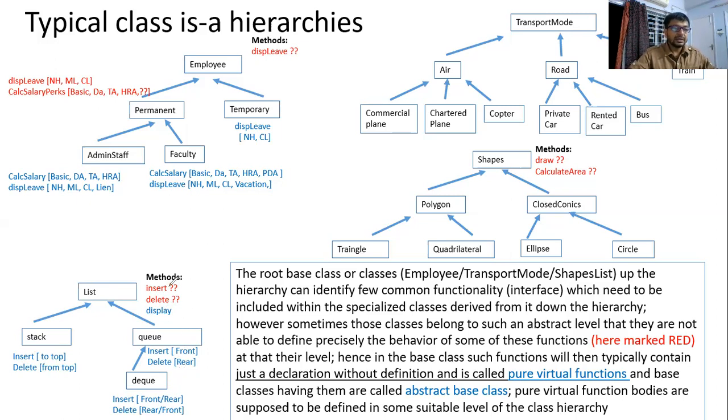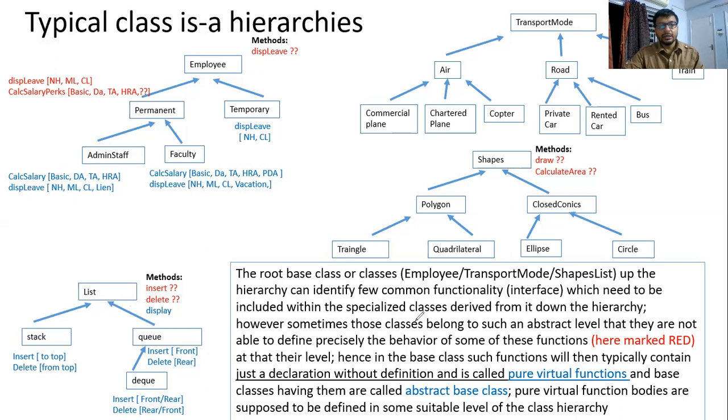So here in the topmost level, you just know insertion should be there, because these are the basic operations that you would like to perform on a list, but you don't know how you actually can insert unless you specify the actual data structure, that it will be maintained as a stack or a queue or DQ, whatever.